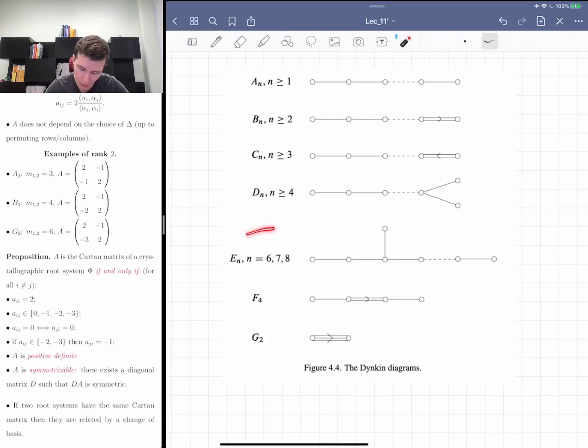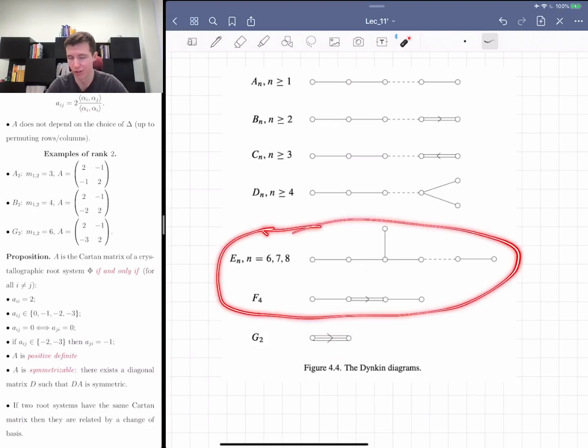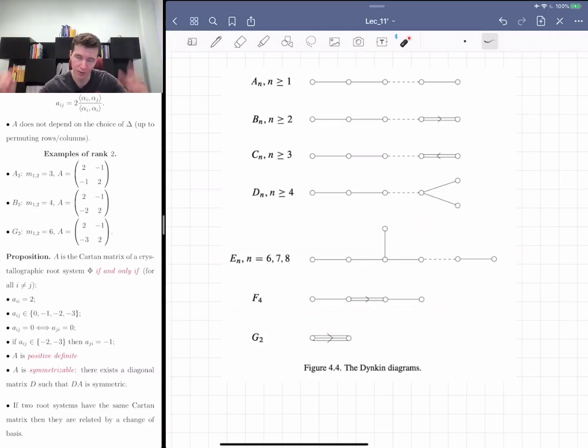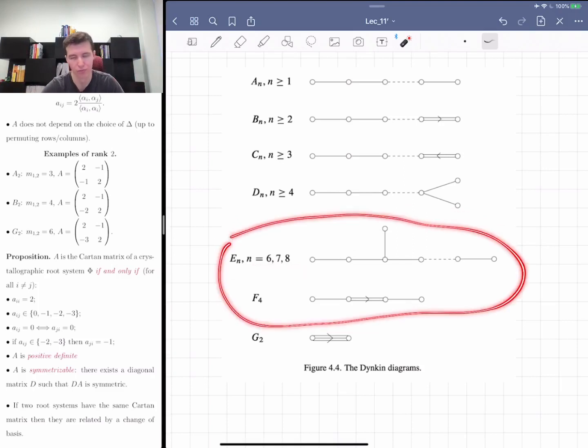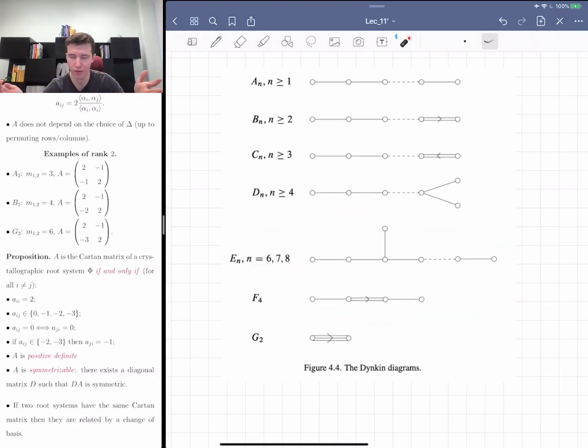And there is also some exceptional stuff, which are very nice pictures in higher dimensional space, completely symmetric. It's interesting that you get these exceptional cases. I give you a definition of root systems, and then the classification is very non-trivial. It involves 4 infinite families and a bunch of exceptional ones, which have nice applications.